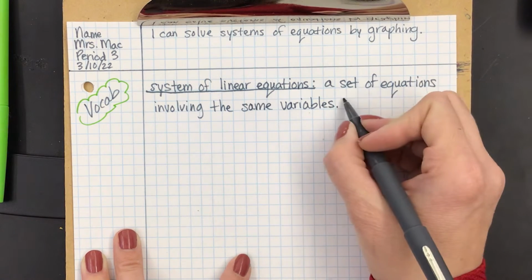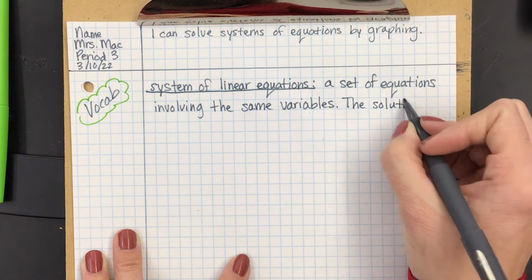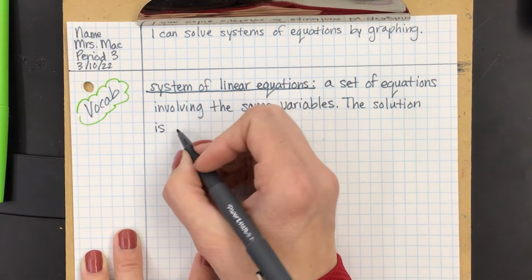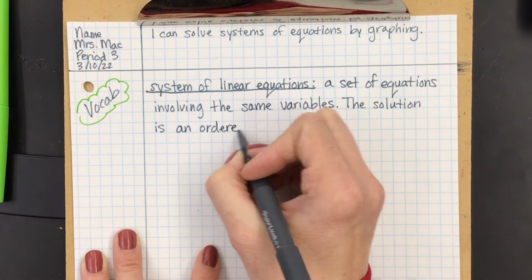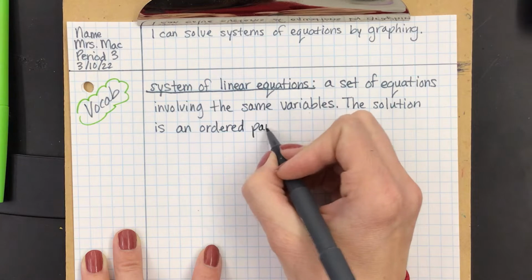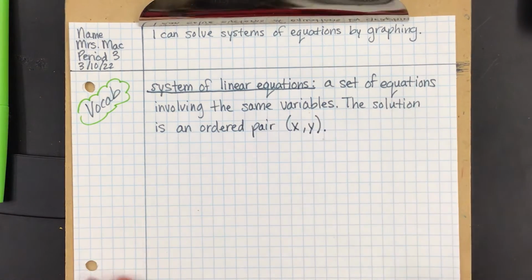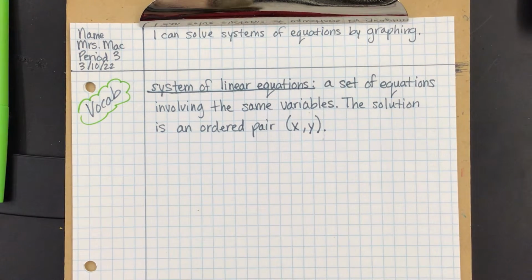And the solution is an ordered pair (x, y). We will get into some special solutions tomorrow, but for today, all of your solutions will be an ordered pair (x, y) that satisfies both equations.